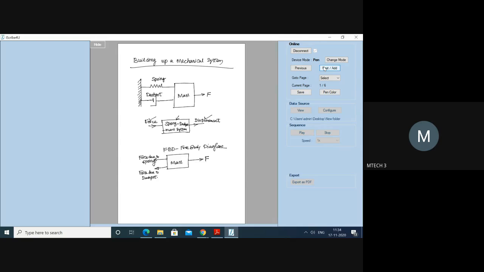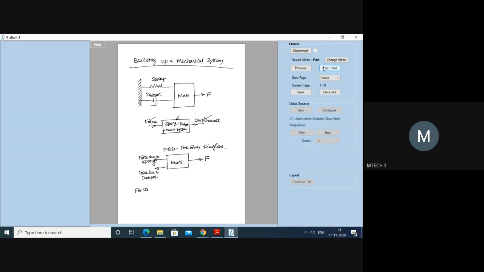Now we'll try to understand. In order to make the mass stay in the same position, what is going to happen? The net force applied to the mass is going to be equal to what? I'll go to the next page now.